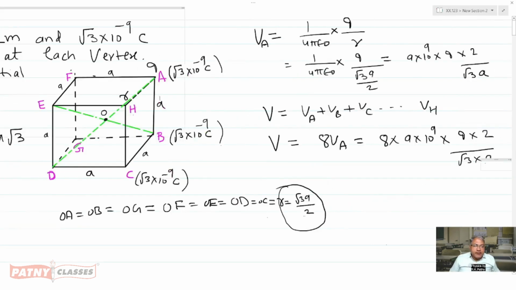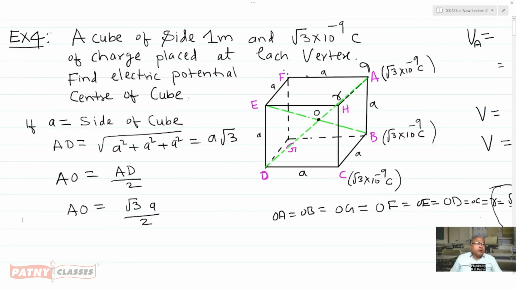It is given that the side of the cube equals 1 meter, that is A equals 1 meter, and every charge has a value of root 3 into 10 raised to minus 9 coulombs.